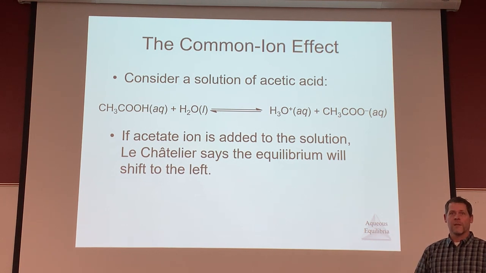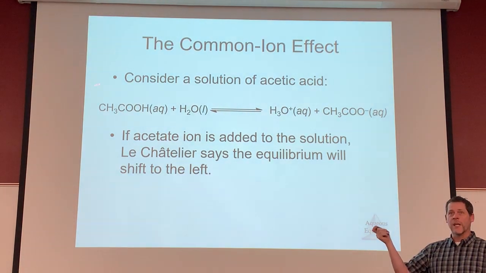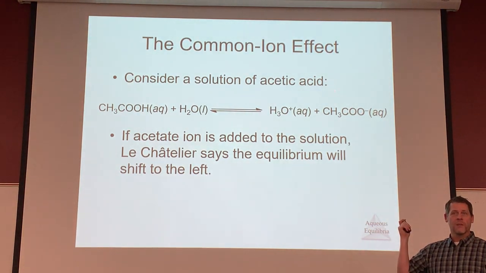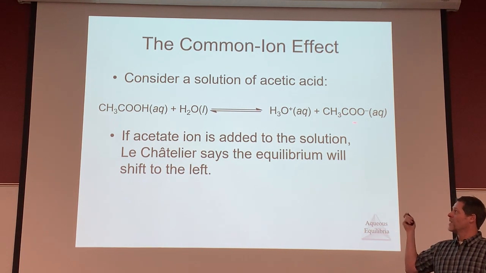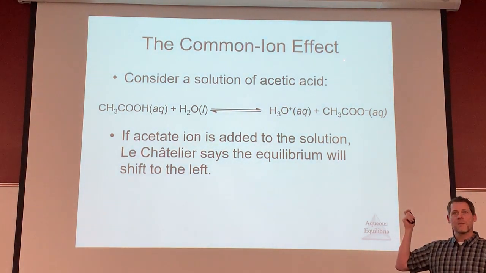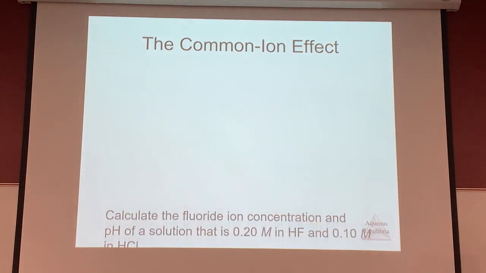Yeah. When you make a mixture of acetate and acetic acid, or a weak acid and its conjugate base, the extent that the reaction moves to the right is based on this, as well as that. Just to the right or the left? Well, watch.